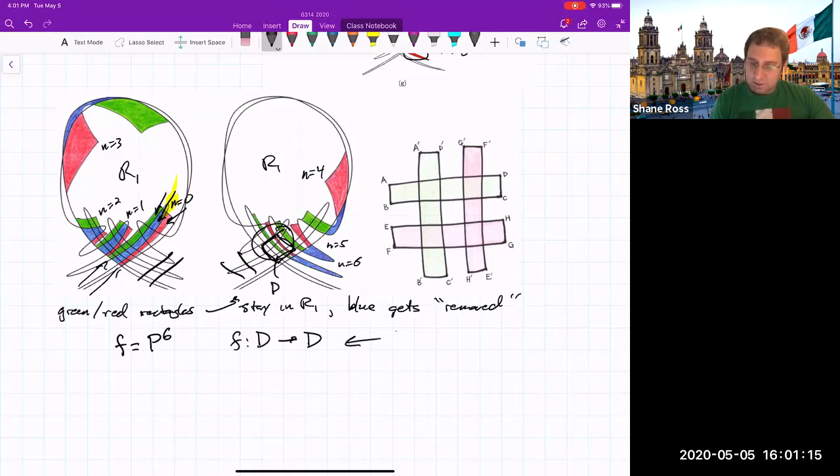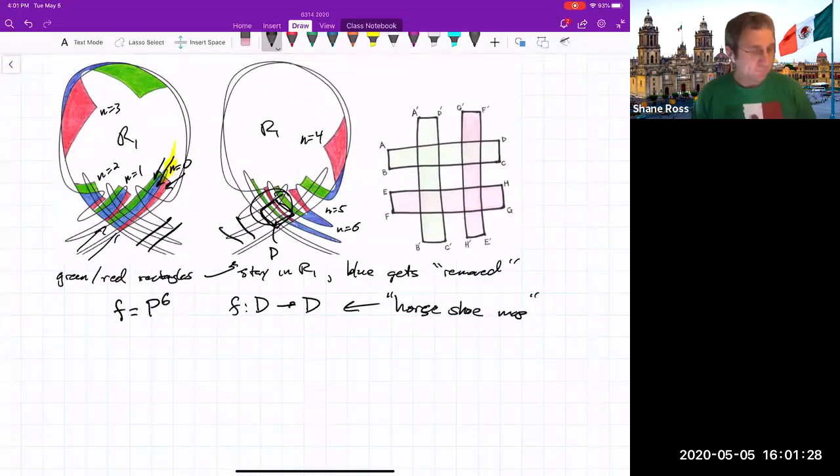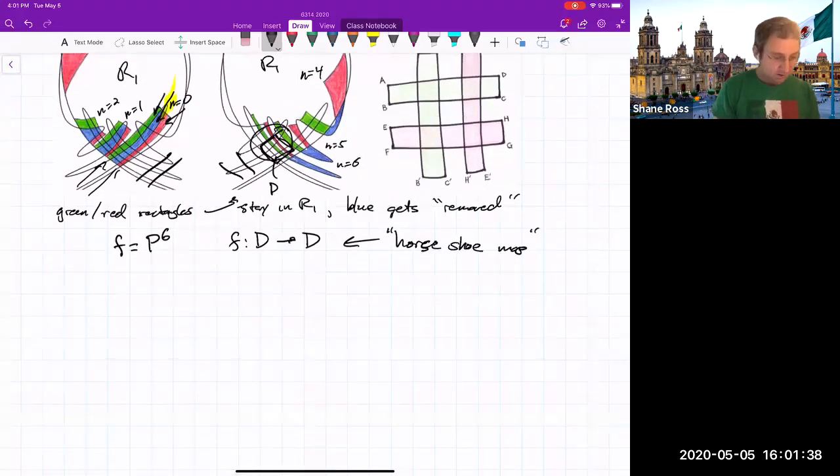This is called the horseshoe map, because if you look in detail at what's happening around here, it looks like a square has been shaped into a horseshoe. Let me show that.